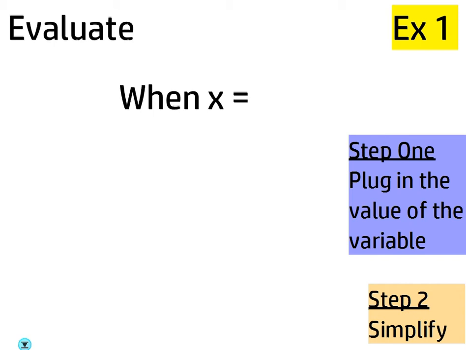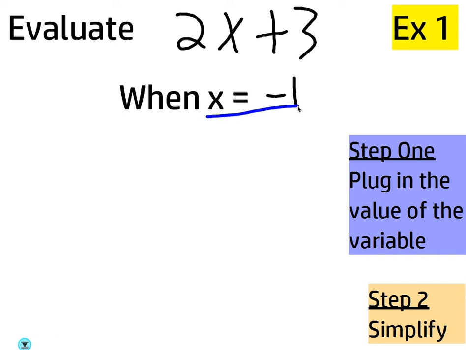All right, so example 1. Let's say we have 2x plus 3. We want to evaluate 2x plus 3 when x equals negative 1. So the first thing you're going to do is, okay, if x equals negative 1, that means I can plug in a negative 1 right there for that expression.